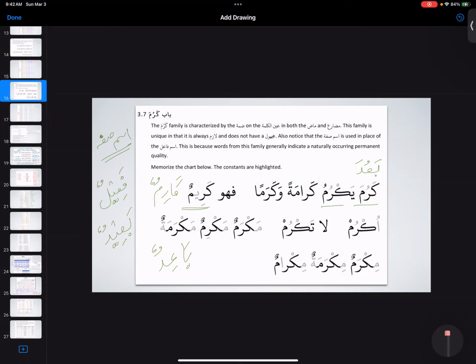So when we say ism sifa, that is basically the quality that is inbuilt in that thing. When we say Rahimun, it is the same pattern. So Rahim means that this quality of Rahma is inbuilt in Allah subhanahu wa ta'ala, and that is a permanent quality of His.